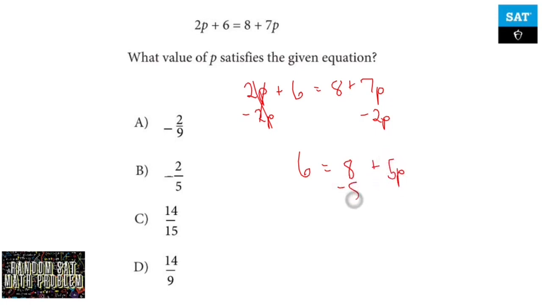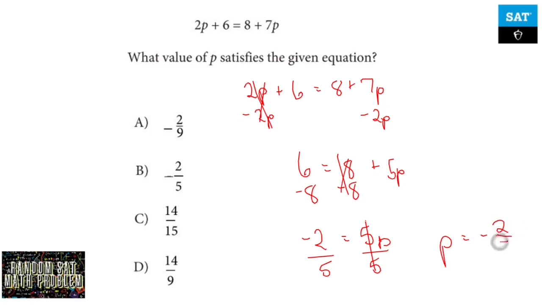Subtract 8 because now it's a two-step. So I've got negative 2 equals 5p. Divide by 5. And p equals negative 2 over 5. Pretty easy.